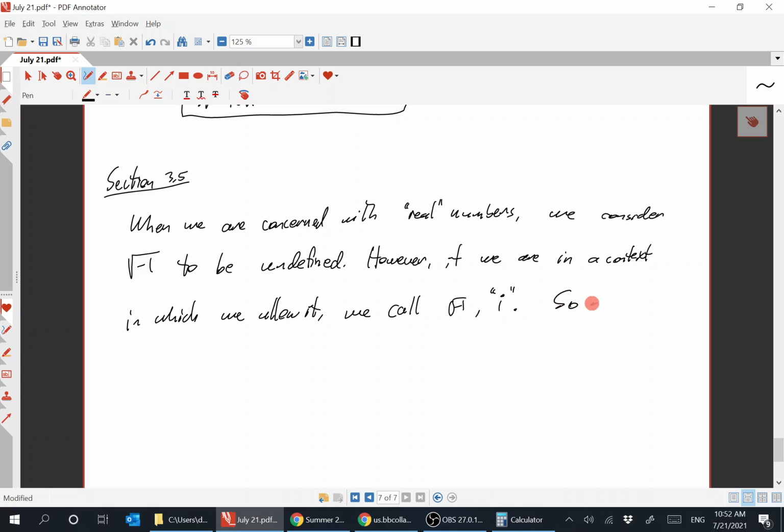All right, so now the square root of -a is the square root of a times the square root of -1, which is the square root of a times I. Right, so square roots of negative numbers are no longer a problem anymore.